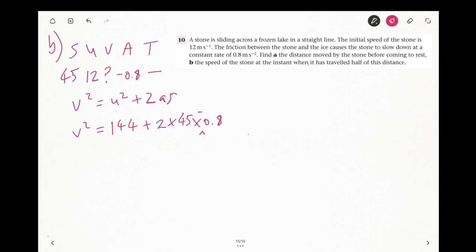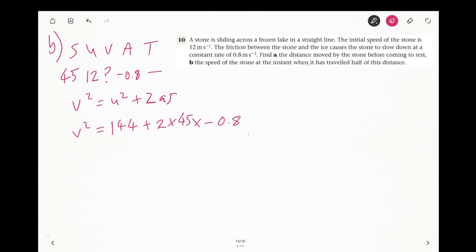So we've got v² = 144 + 2 × 45 × (−0.8).